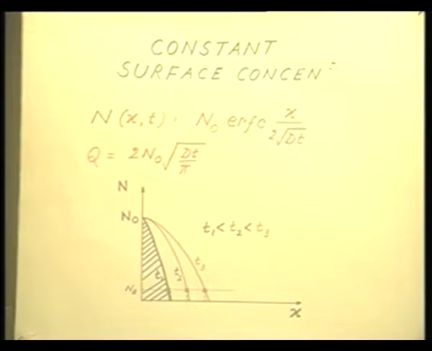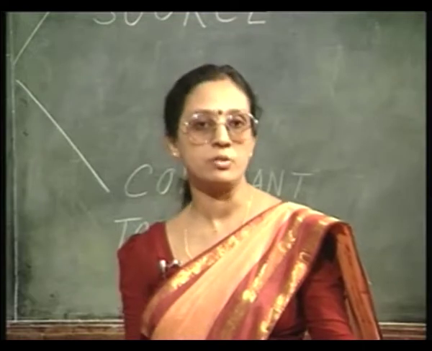Now, in a doping profile, the important parameters are the surface concentration, which in this case is fixed at n0, and the total impurity, that is the area under the doping concentration profile curve, which is obtained by integrating this expression for n(x,t) from 0 to infinity, and we obtain the total impurity as 2n0√(Dt/π). So, this is one possibility when we have constant surface concentration or the infinite source diffusion.